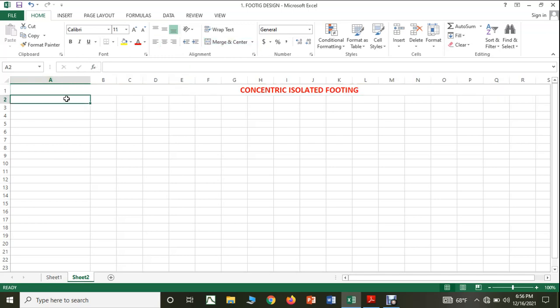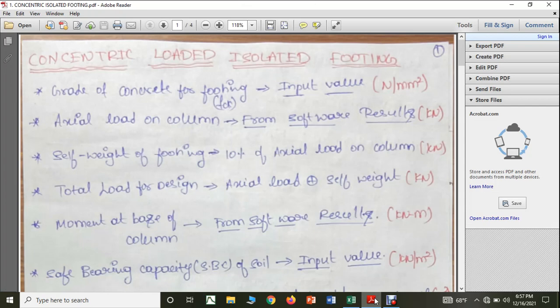So the first that I have to give is the grade of concrete, usually given in Newton per mm square. So the first step is giving the input value, that is grade of concrete.